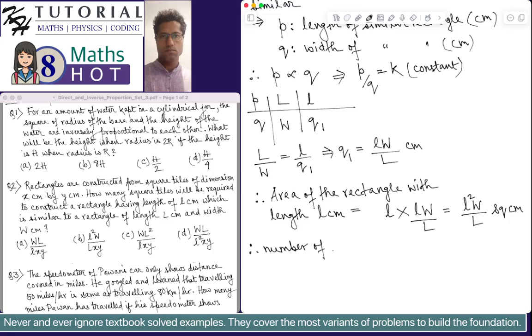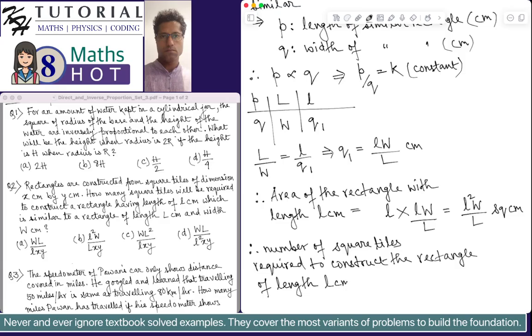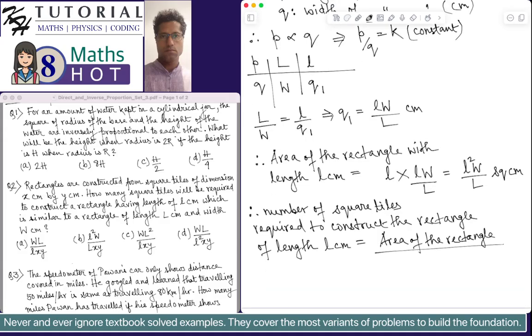to construct the rectangle of length small l centimeter will be equal to the area of the rectangle divided by the area of each square tile.